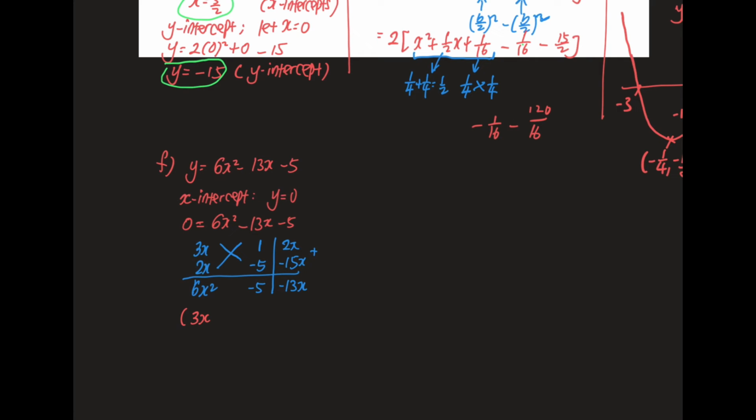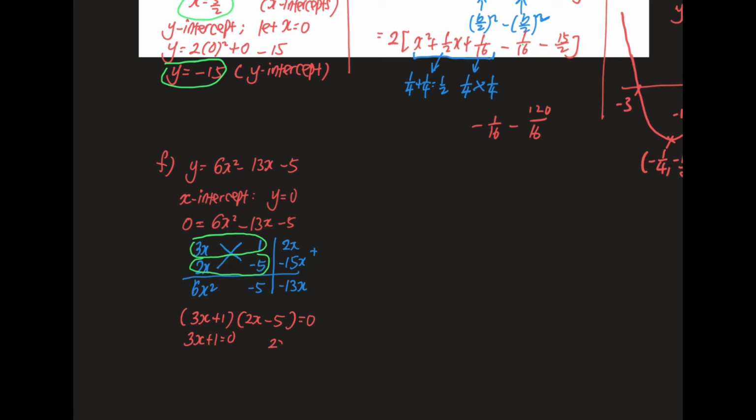Okay, then when you get negative 13x, that means we managed to factorize. So it is 3x plus 1 and 2x minus 5, equal to 0.